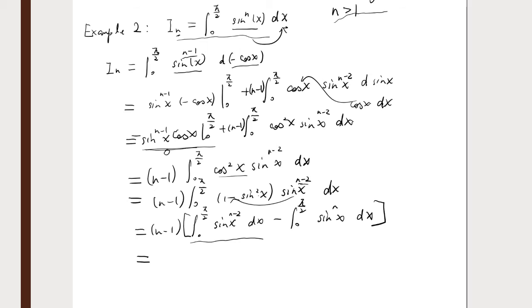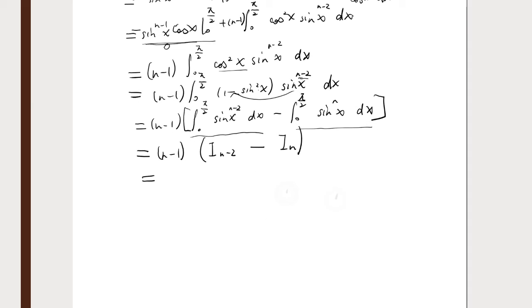So this one can be written as the notation given in the statement of the problem, as I n minus 2, right? And what about the second item? Well, this one looks even closer because it's exactly the expression of I n, which equals such an integration. So we can just write it down as I n.